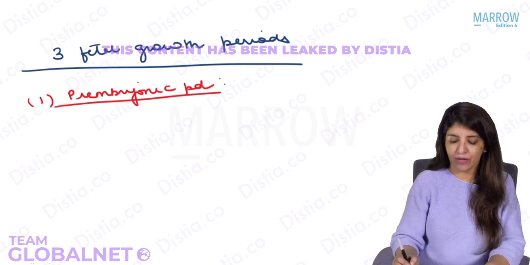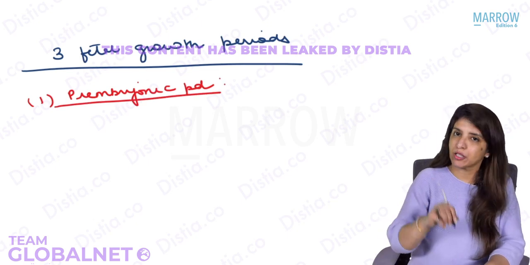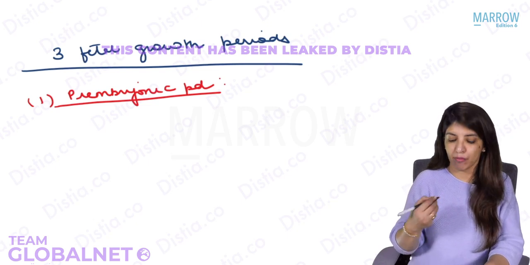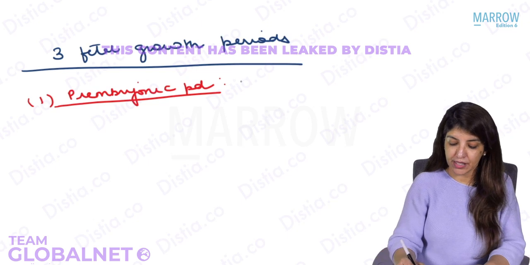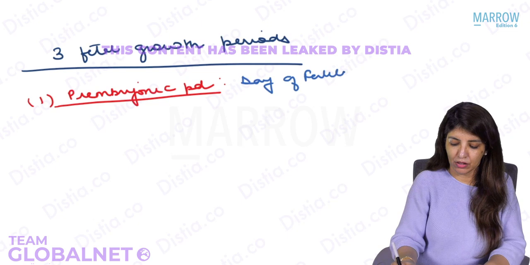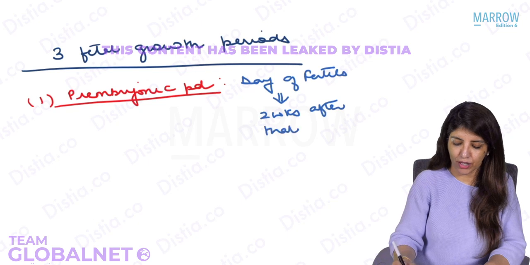The conventional definition of the pre-embryonic period, as per the embryologist, because it is the embryologist who divides the entire pregnancy into fetal growth periods, is from the day of fertilization up till 2 weeks after that.